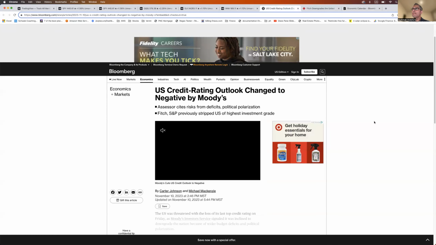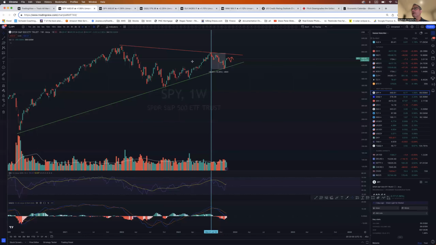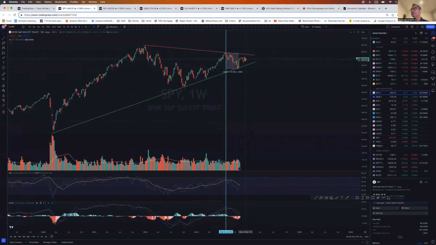But anyway, we've got to keep following price action. And back to the S&P 500, what you're seeing here is still a very positive momentum.